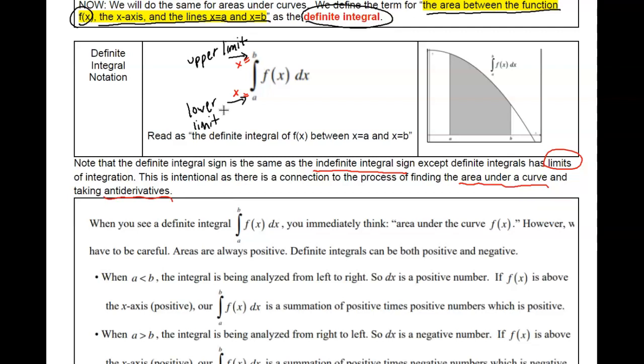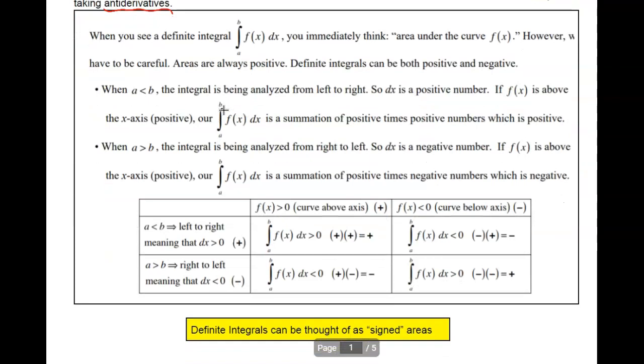So when you see a definite integral right here, you should start to think, oh, that's area under a curve. Just like when you saw a derivative, you think, oh, slope of the tangent line, all right? But you want to be careful.